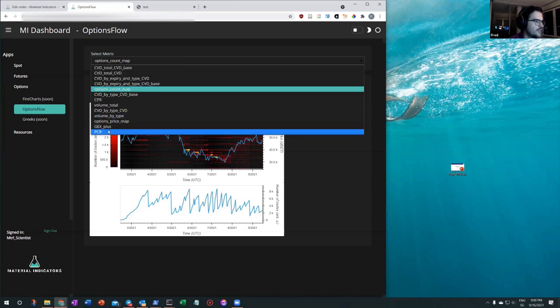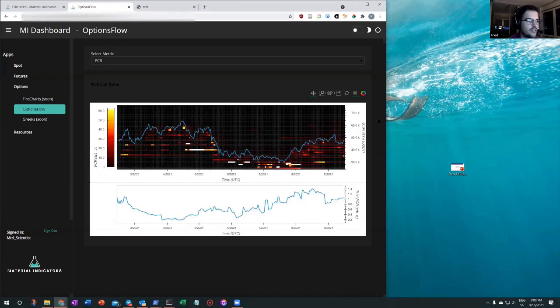What else do we have? So a lot of people look at the put to call ratio, so the number of put type options divided by the call type options, and that's this bottom graph here. But what I've also done is show the put call ratio for each strike, and in this case you can see that it often bounces off of them.